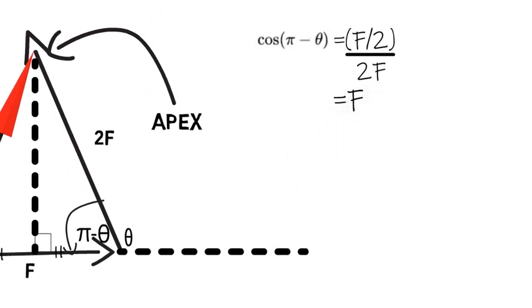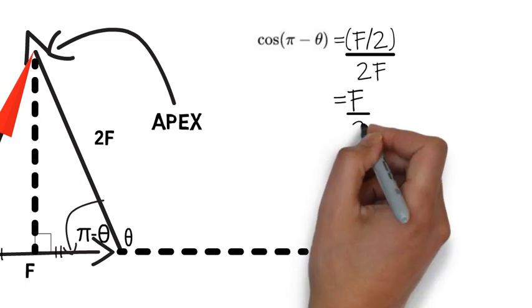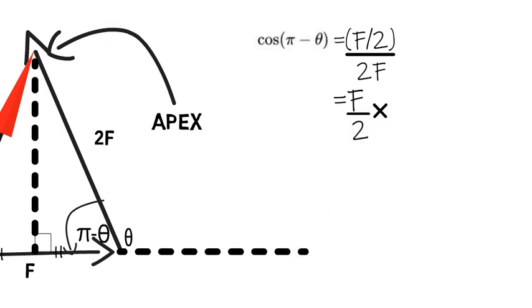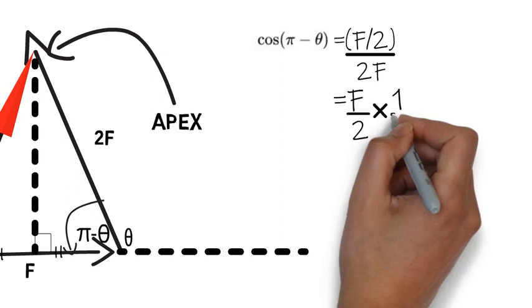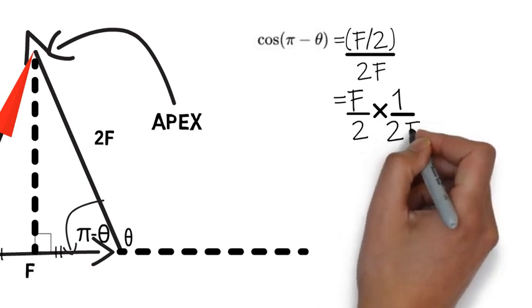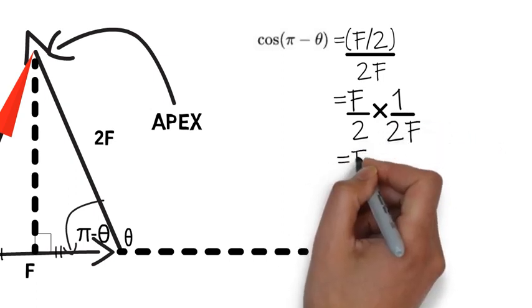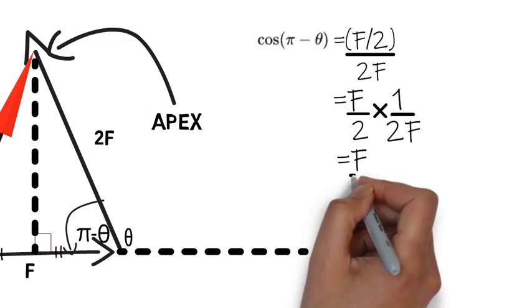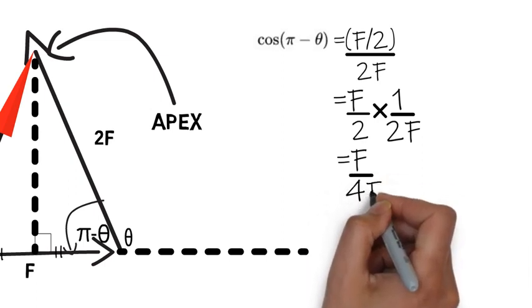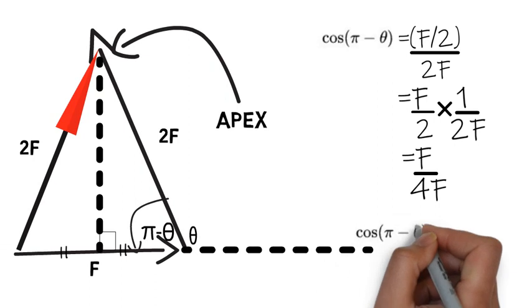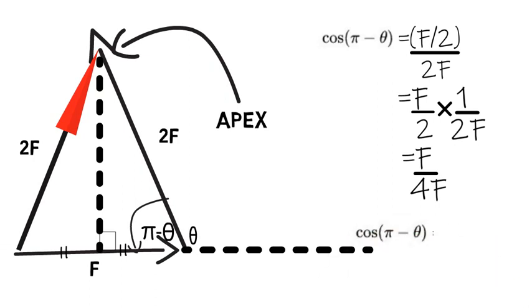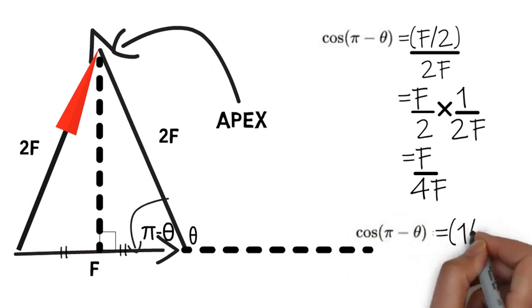So you're going to have F by 2, divided by 2F. Once you simplify, you have F over 4F equal to cos of pi minus theta. Cancelling F and F, cos of pi minus theta is equal to 1 over 4.